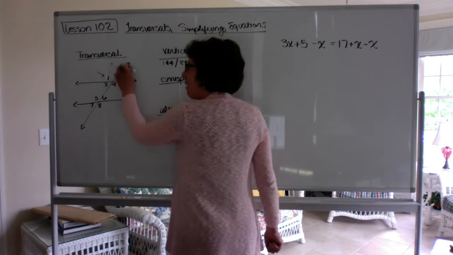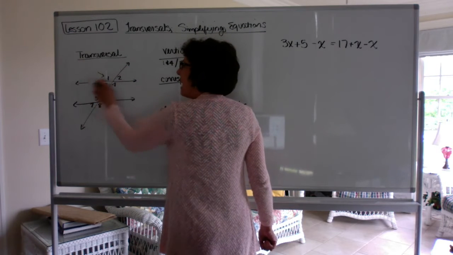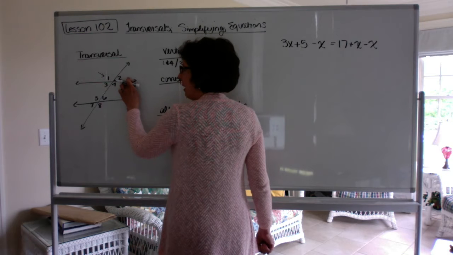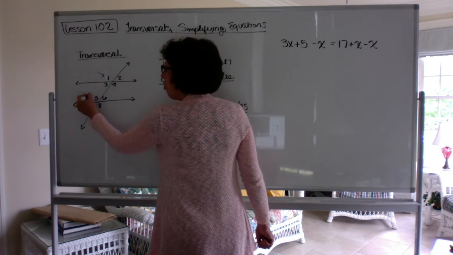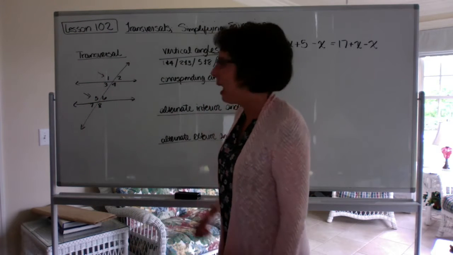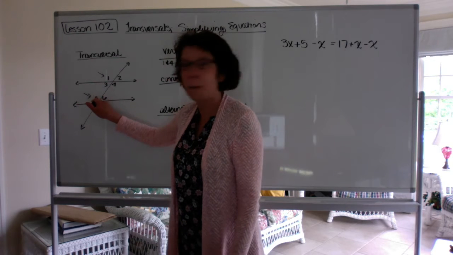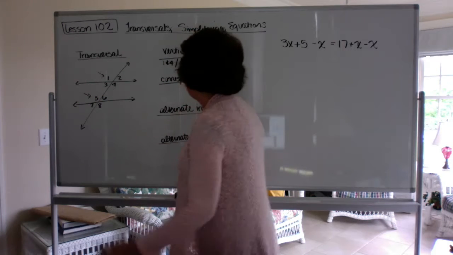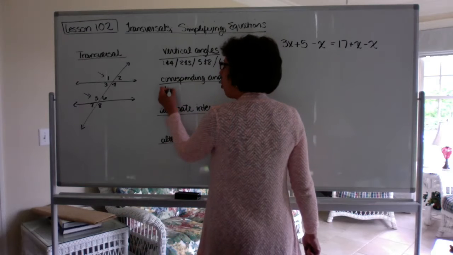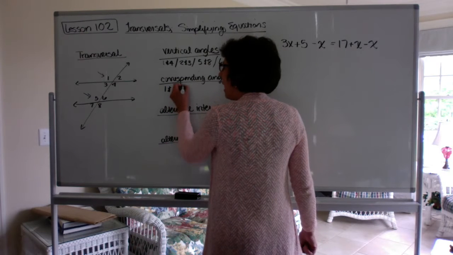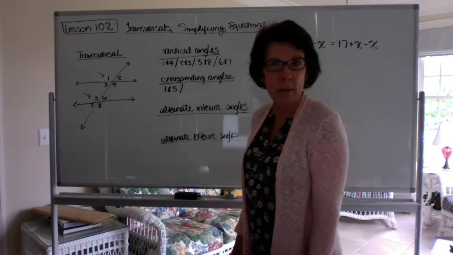It's to the left of the transversal and it's above this parallel line. So angle 1 corresponds to angle 5 on the bottom here. It's to the left and above its parallel line. So corresponding angles are 1 and 5. And corresponding angles have the same measure.